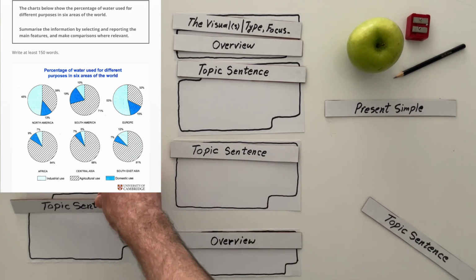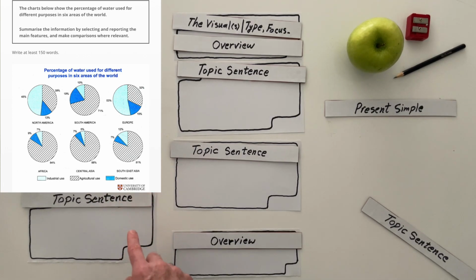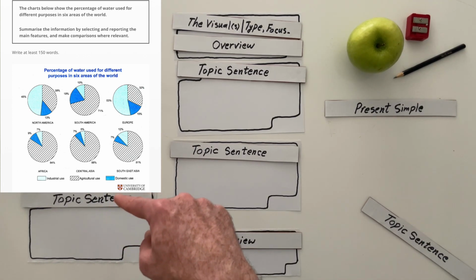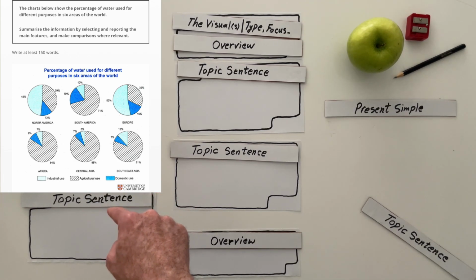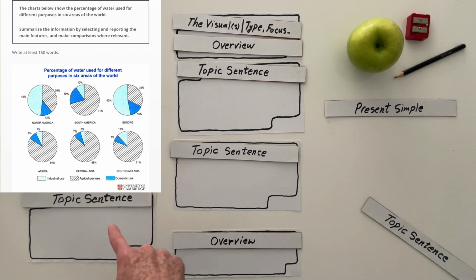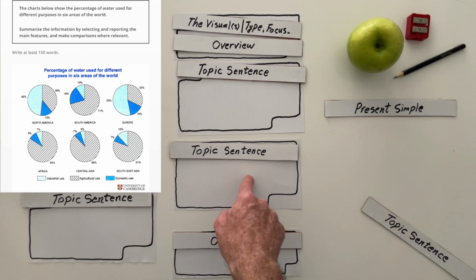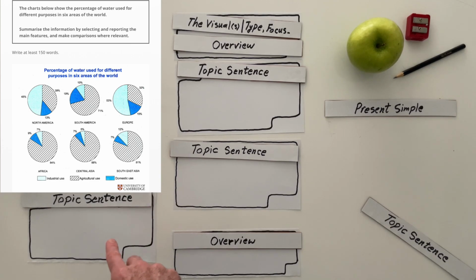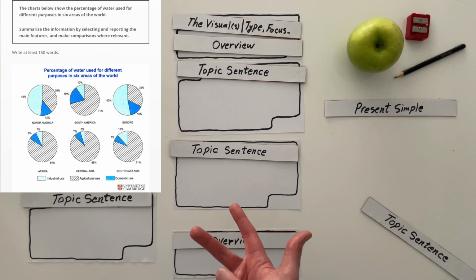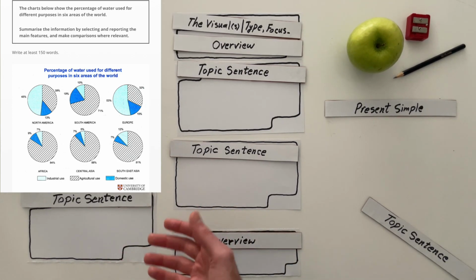And on the third body paragraph, we're going to say that the focus, this is about Asia, in 2 regions of Asia. The focus is the same with the previous continents, but this time, unlike the other 2, the order doesn't match. And you can start comparing.